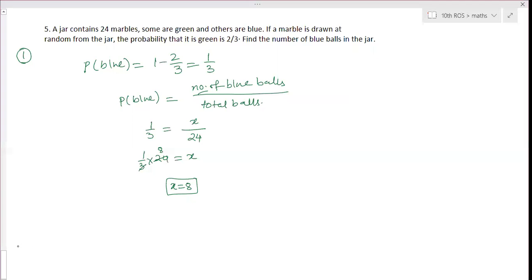First one. Find the probability. Let me find out the question.